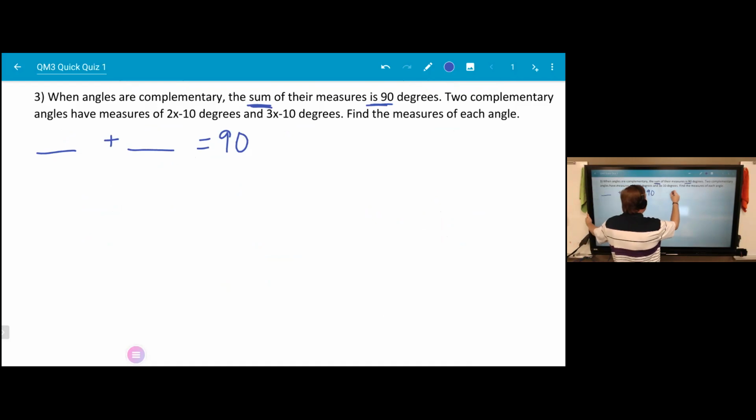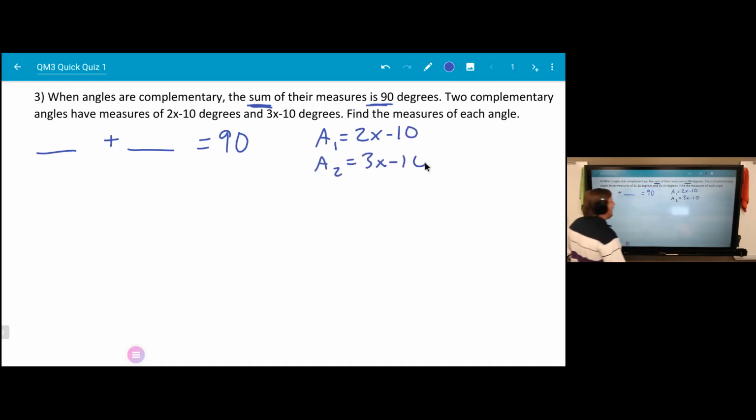We're going to add two things together. Angle 1, I'm just going to write this in here. Angle 1 is 2x minus 10, and angle 2 is 3x minus 10. If I add those two things together, I will get 90. So 2x minus 10 plus 3x minus 10 equals 90.